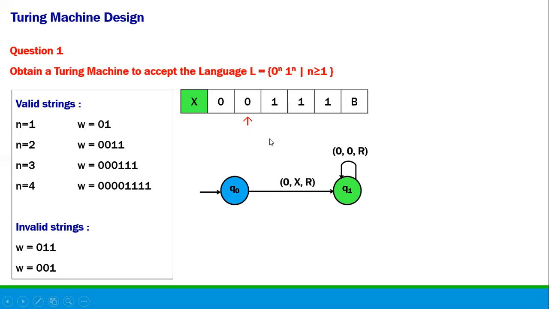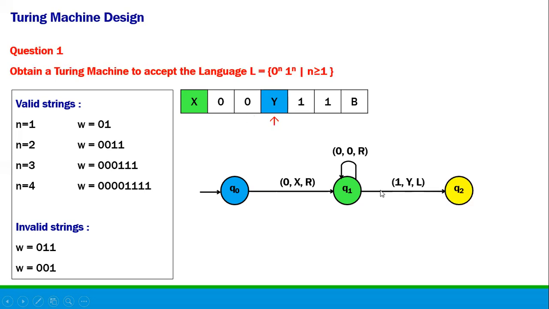Now I'm trying to read 1. Once I read 1, that means I have got a matching 1 for this 0. So I will change the state and replace 1 by y, and since I got the matching value, I will move left.